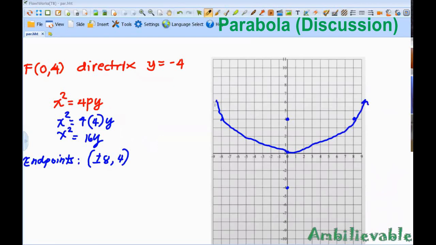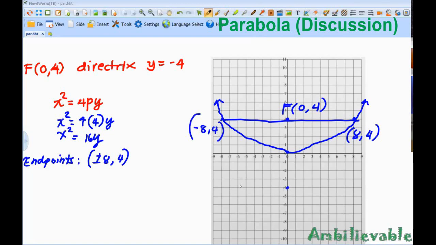So that's our parabola. And this is our latus rectum. The focus is at (0, 4). This is (8, 4). This is (-8, 4).